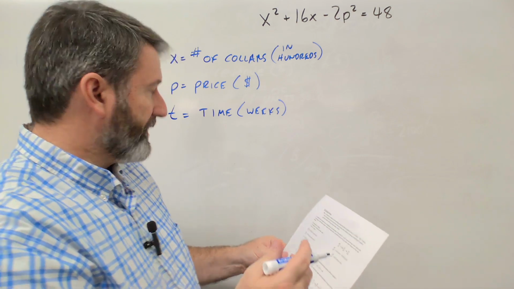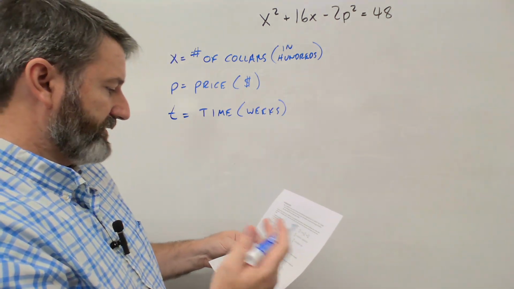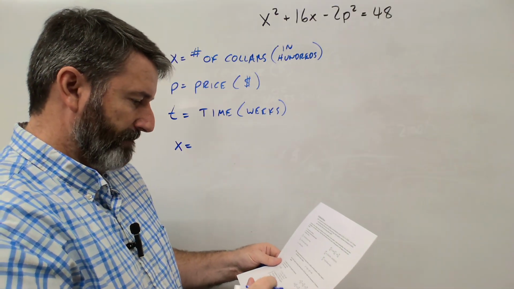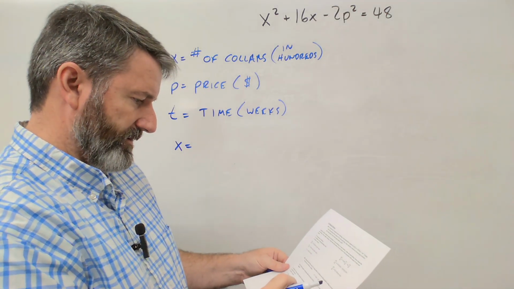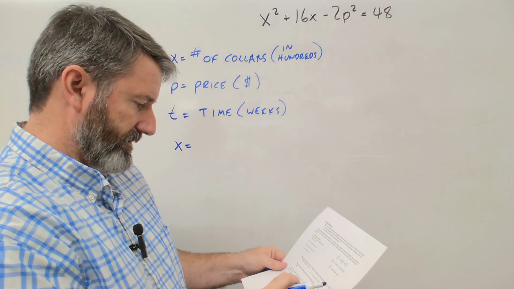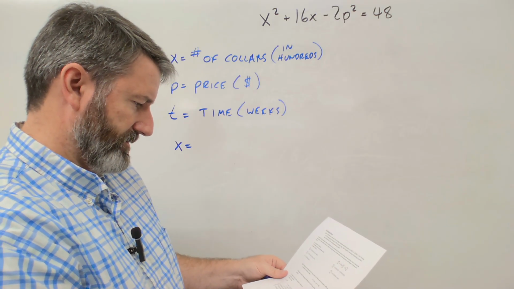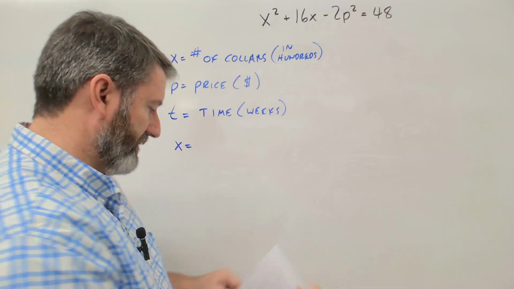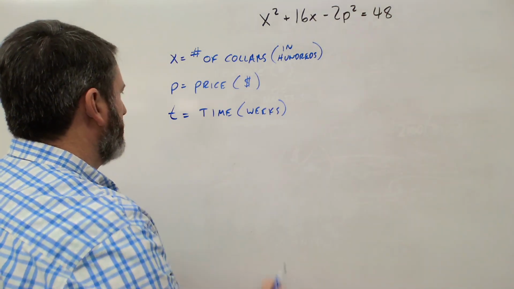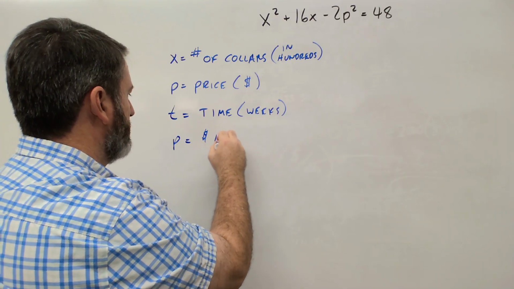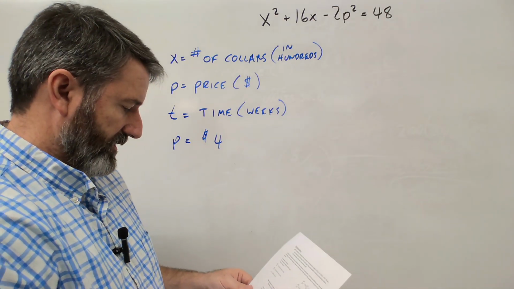All right, now we're given P. We're not given X. We're told that P is $4, right?